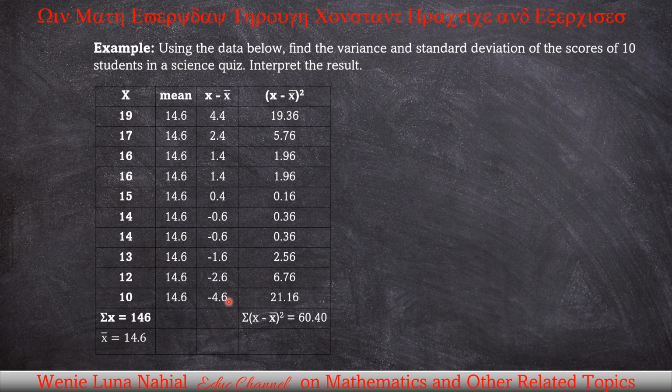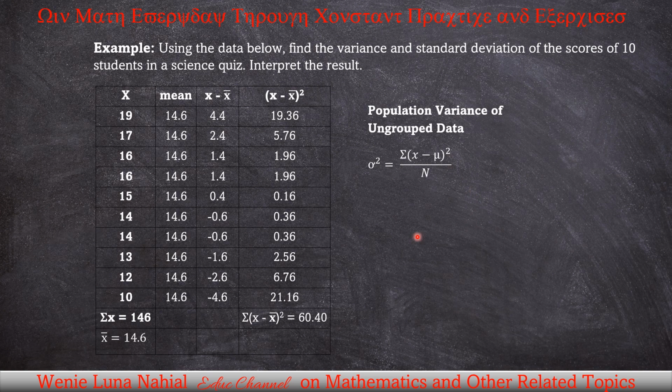Okay, up to the last observation under this header. Now, take the sum. For this illustration, we have 60.4. Okay? So, to compute for the population variance of ungrouped data, we have to use this formula.